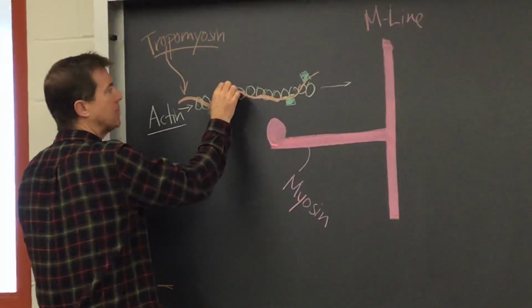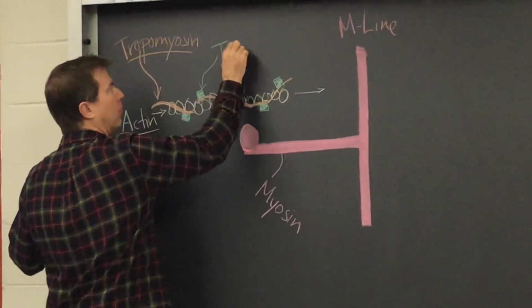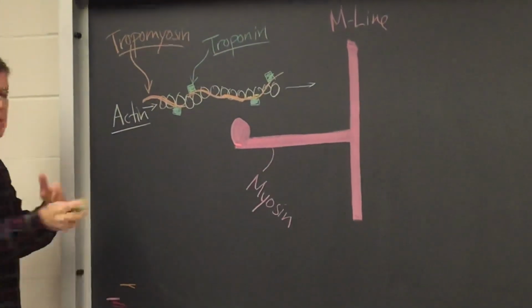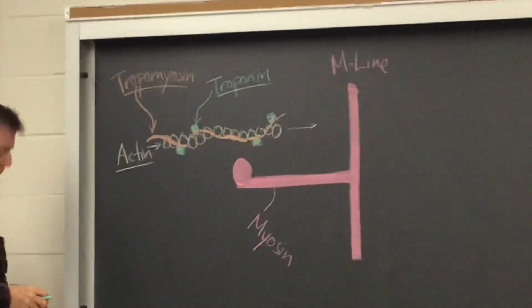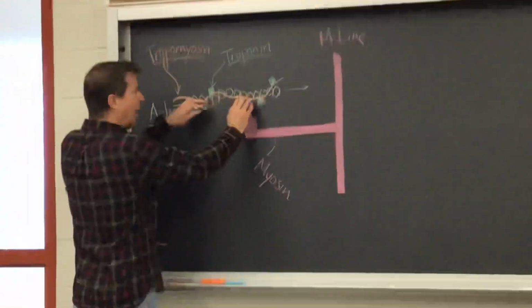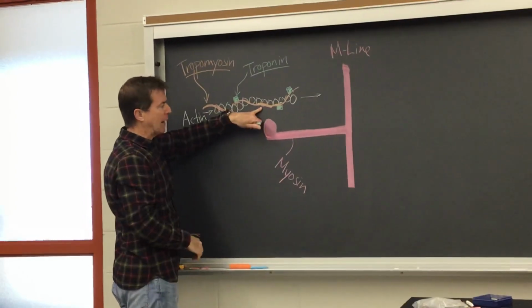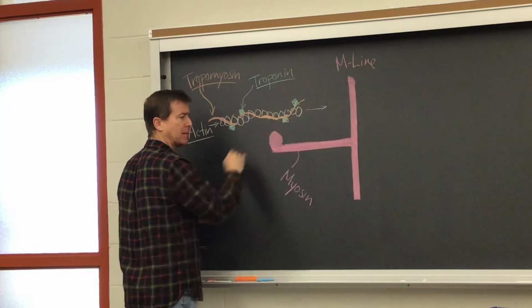These little tabs are called troponin. And this is the arrangement inside your muscle cells, yours and mine. The goal now is for tropomyosin to lift off of actin, exposing these binding sites so that myosin can attach to it and ultimately pull it toward the M line.